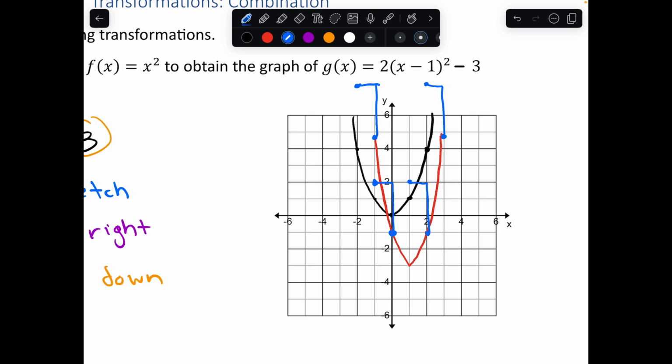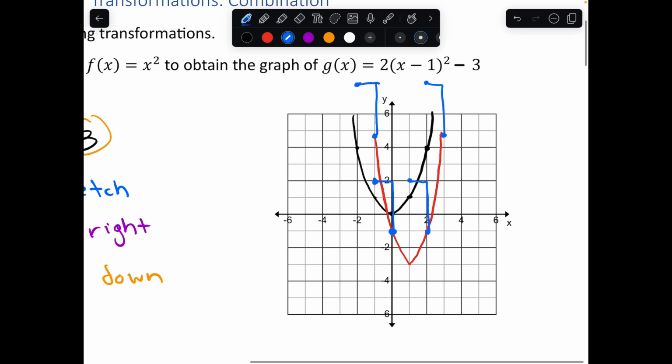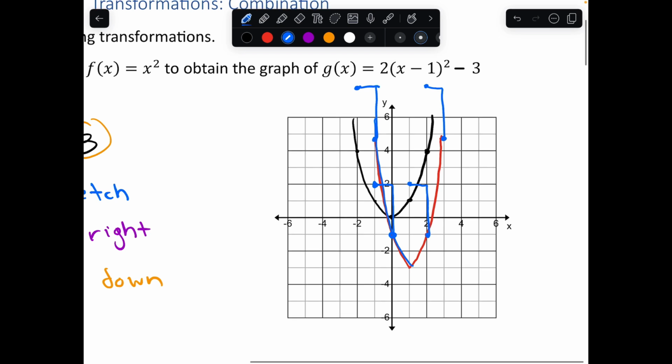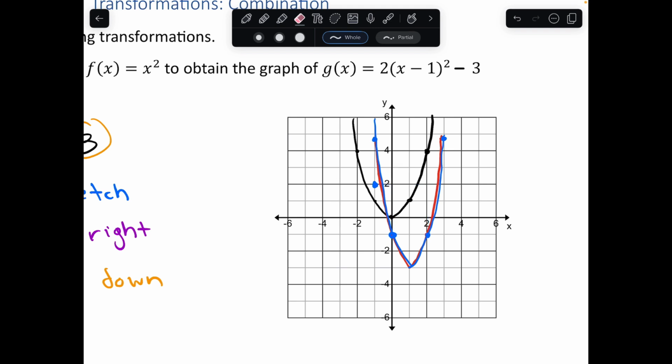And then you can use these points to create your new parabola. Once you've done that, you can erase your lines and make it a little bit cleaner. And as you see, we have the same parabola.